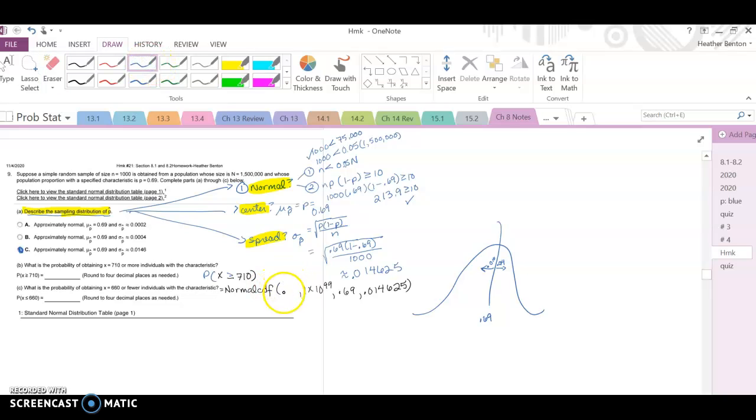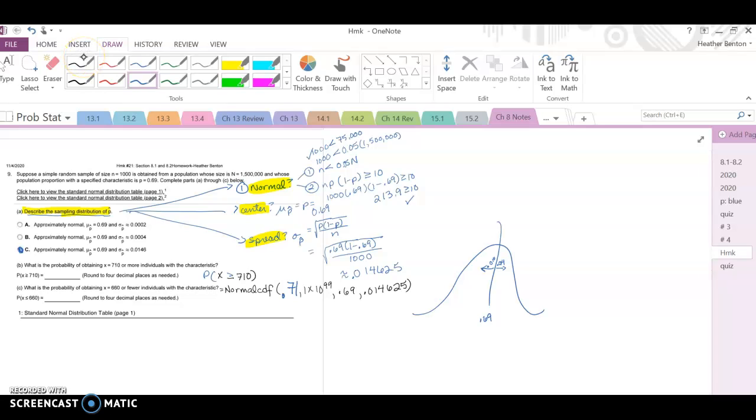You have to be consistent in the numbers you're using. So what we want is the p hat, the proportion, 710 over our sample size, which is 1,000. When you go to put this in your calculator, instead of putting in 710, make sure you're putting in 0.71. Everything else is the same.